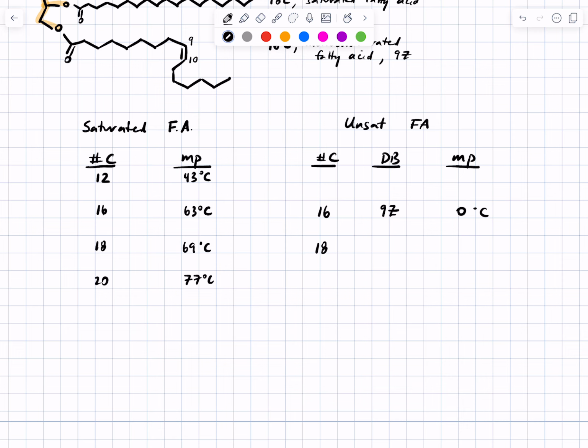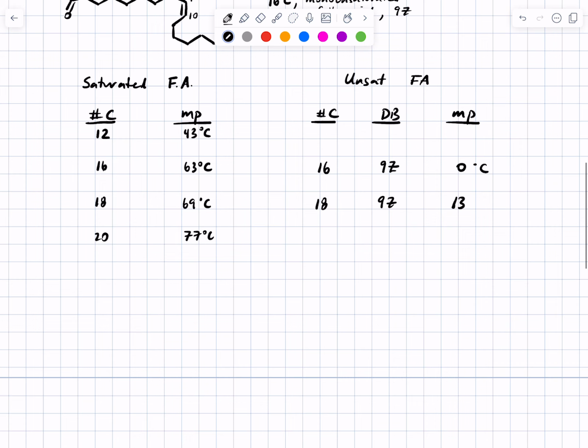It's true for the 18 carbon single double bond fatty acid as well, which has a melting point of 13 degrees. Some of these fatty acids have names that you may have heard of. The 18 carbon one is called oleic acid. The 18 carbon one that has two double bonds, 9Z and 12Z, has a melting point of -12.